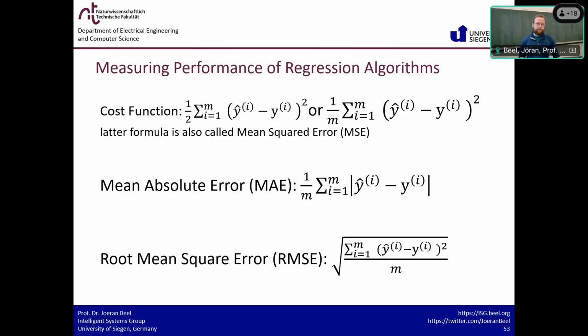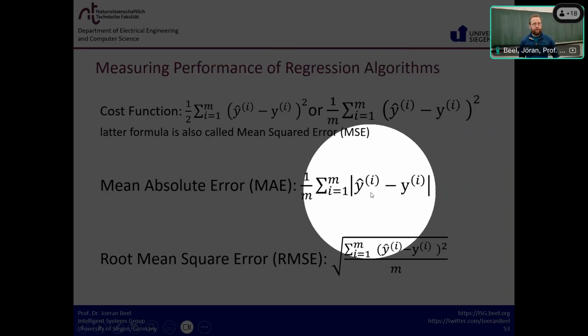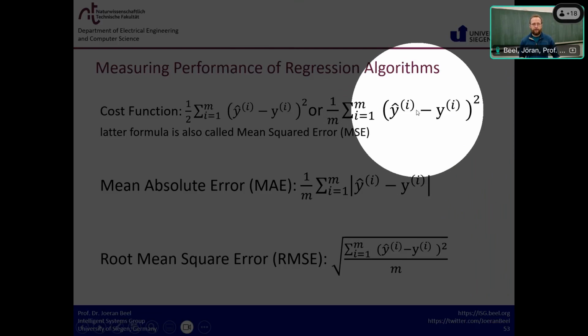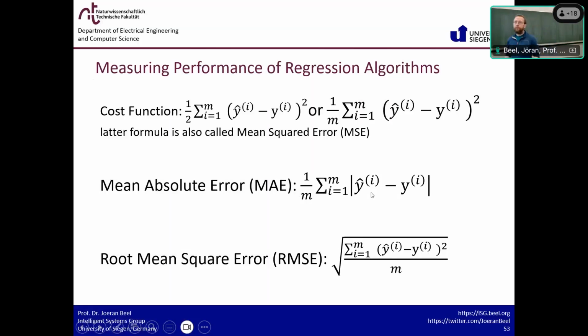Then we have other performance measures. Let's say they are more for humans. The cost function is for the machine learning model. As a human, you are not so much interested in this error. You are more interested in the mean absolute error. That is what everyone intuitively would consider the metric to measure the overall average error. You look at each instance in your data set, each student, calculate the prediction compared with the actual value, calculate for each student how far off you are, sum it all up, and build the average.